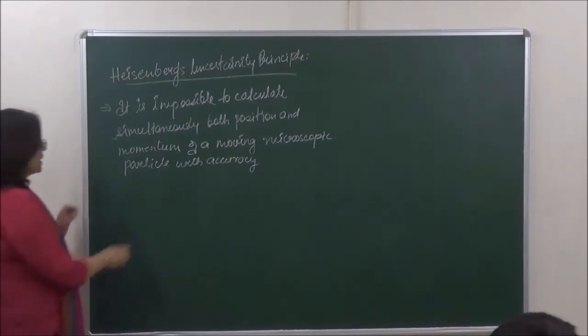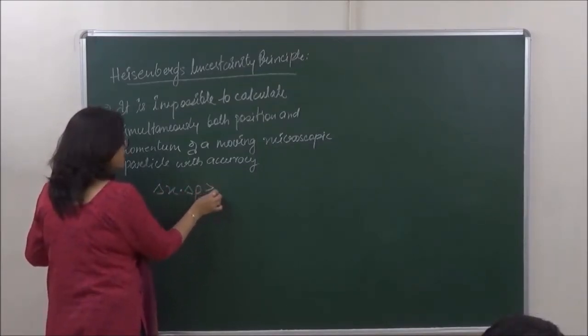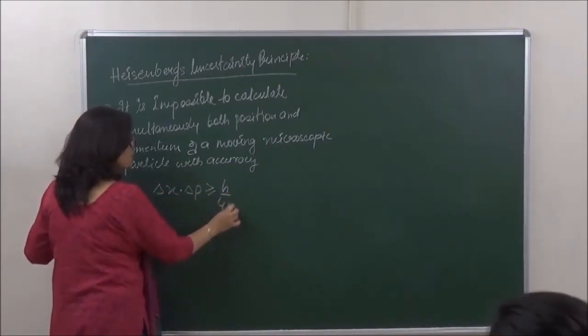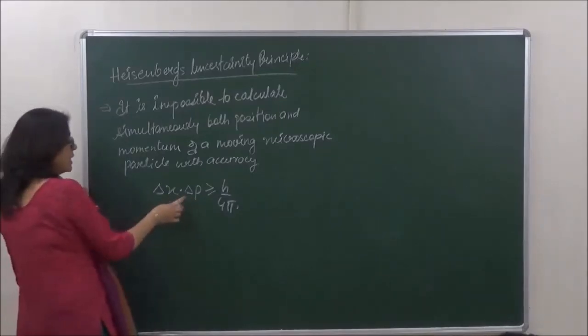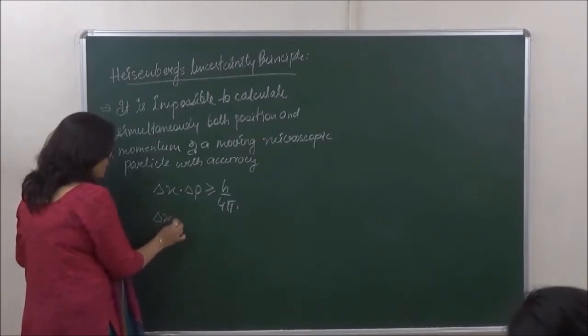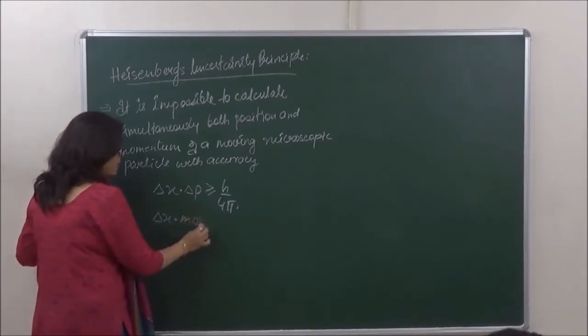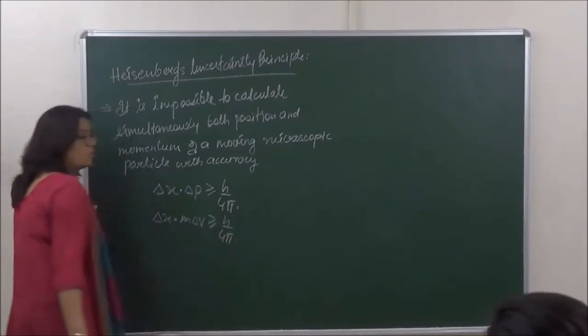Mathematically it says that delta x into delta p is greater than or equal to h upon 4 pi. We know that delta p is equal to m delta v, momentum. So delta x into m delta v is greater than or equal to h upon 4 pi.